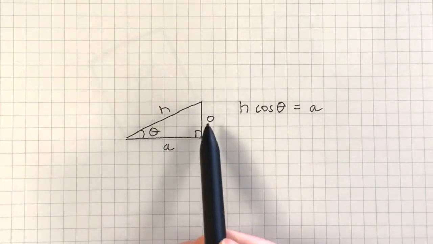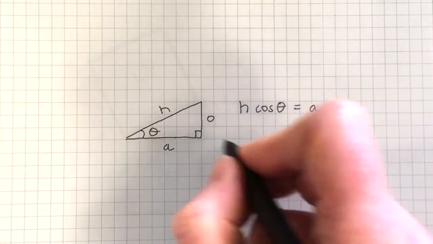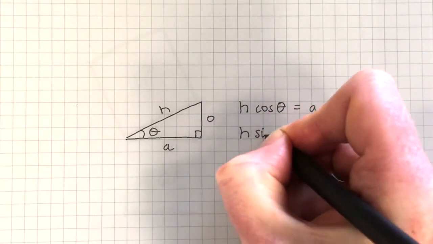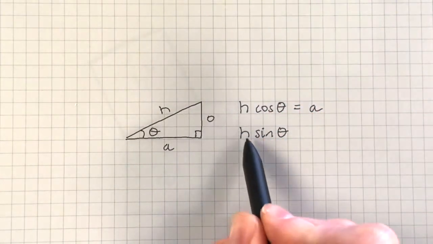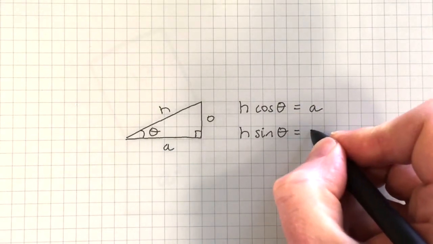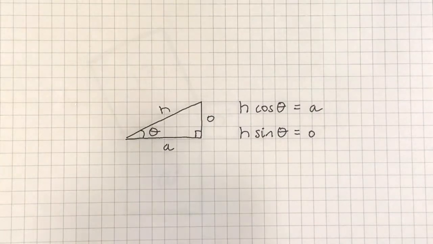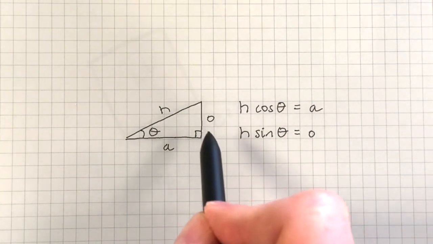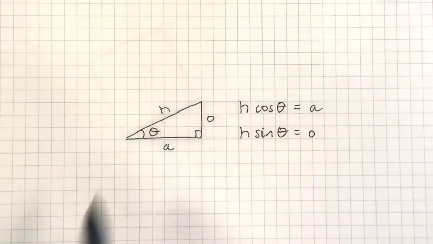And that opposite there is way over in the distance, way over there. It's sort of, look over there and you can see a sign in the distance of the opposite side. So I remember it by saying that the hypotenuse times the sine of theta equals the opposite. And we can use those two to work out and rearrange them to find the angles and the opposites, the adjacent or the hypotenuse of any triangle in any problem.